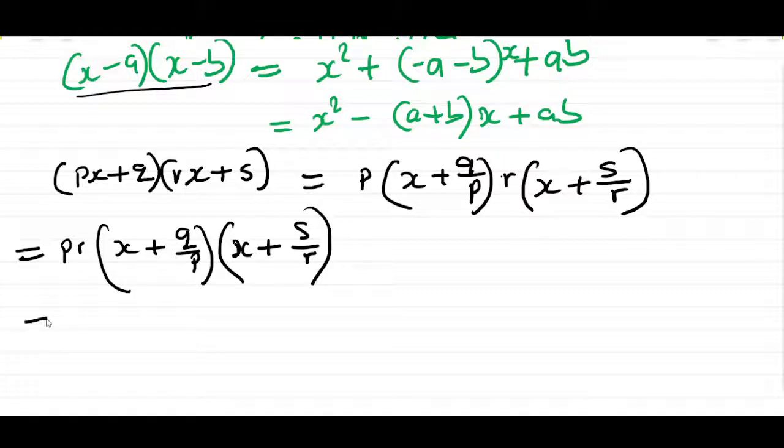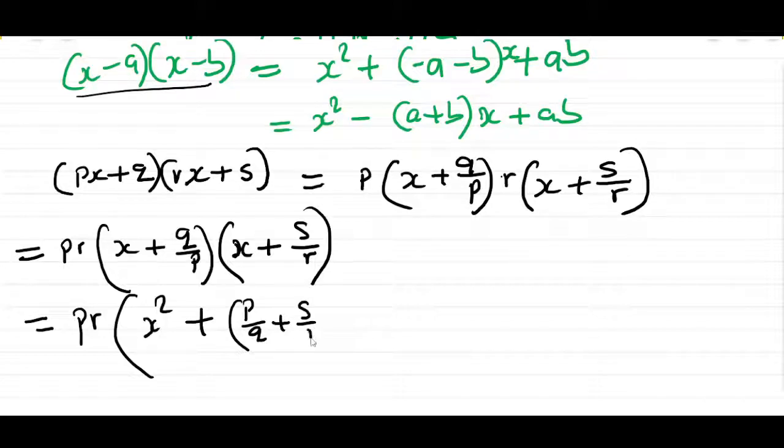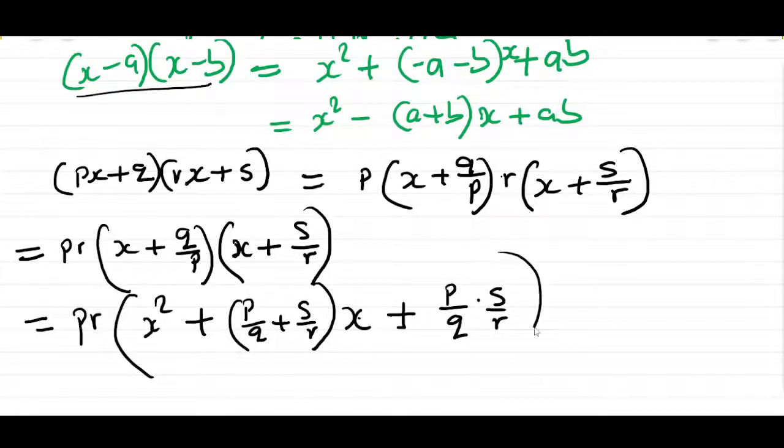So like using what we've been doing before, this is pr. Then we'll have x squared here plus, we will have to sum these, q over p plus s over r, times x, then we'll have to multiply them, q over p times s over r. That is using what we've been doing before.